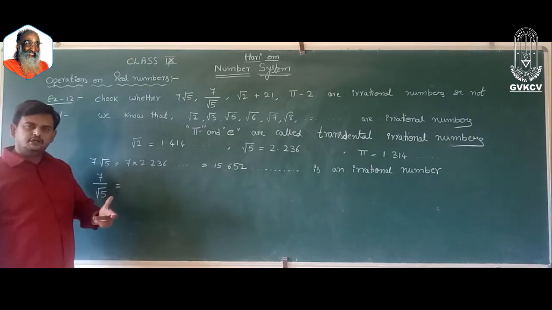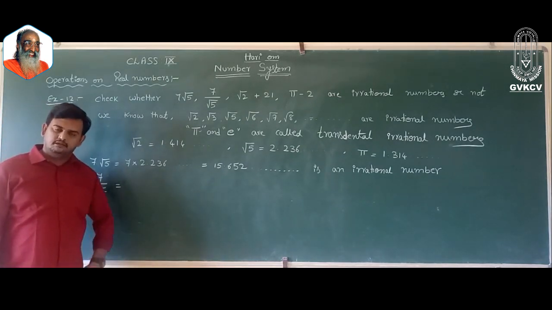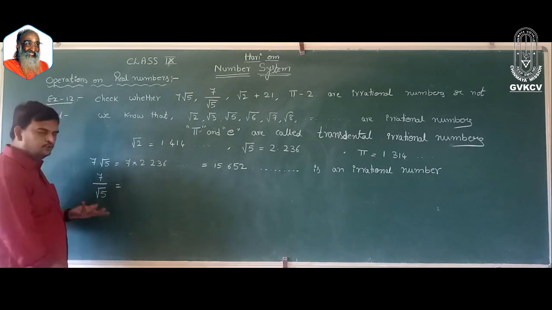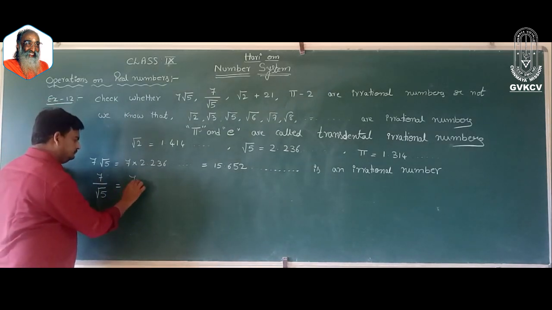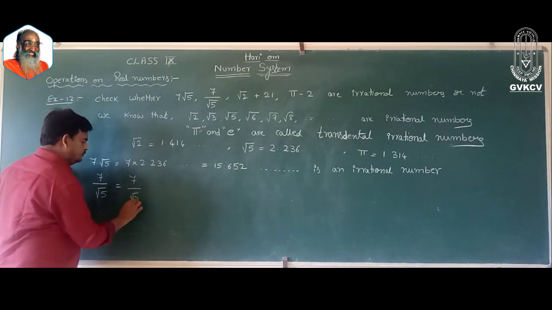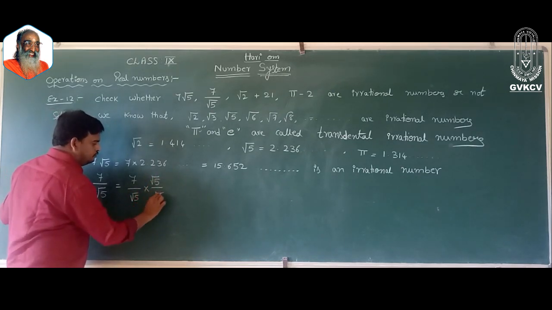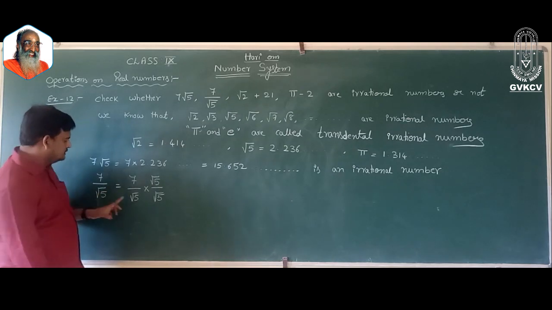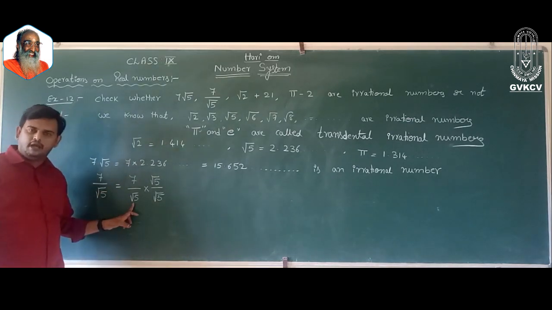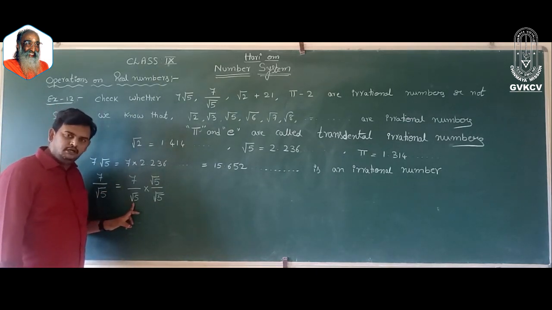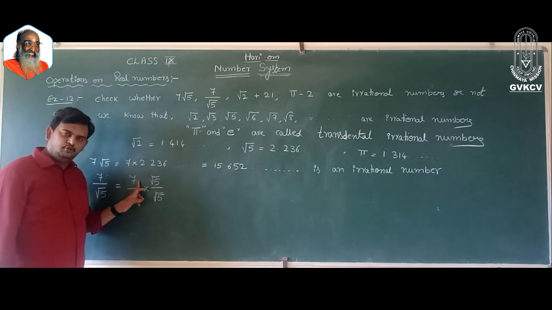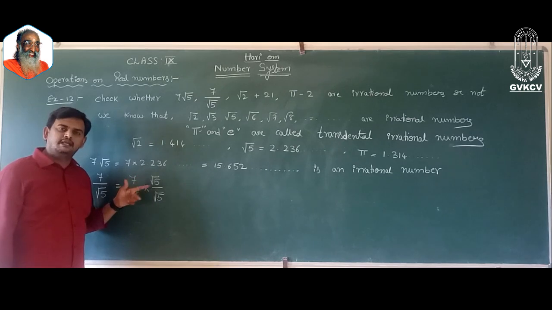We have a special concept, rationalizing, that we discussed. So what to do? 7 by root 5 into root 5 by root 5. Whatever the denominator I have, with the same I am multiplying the numerator and also the denominator, means just we are balancing.